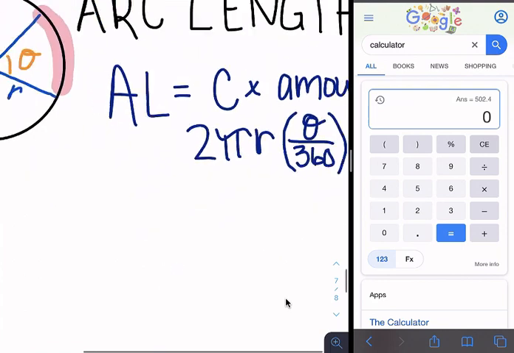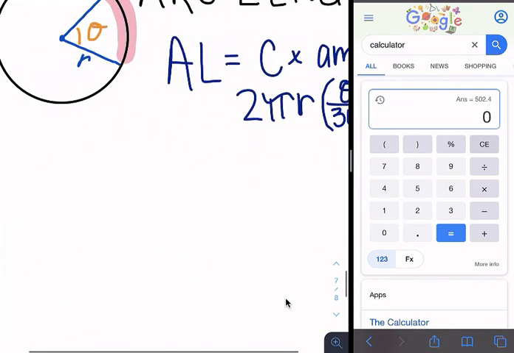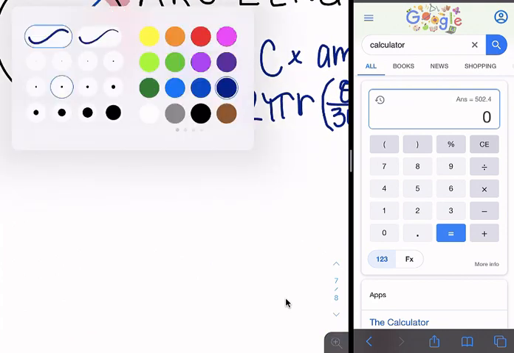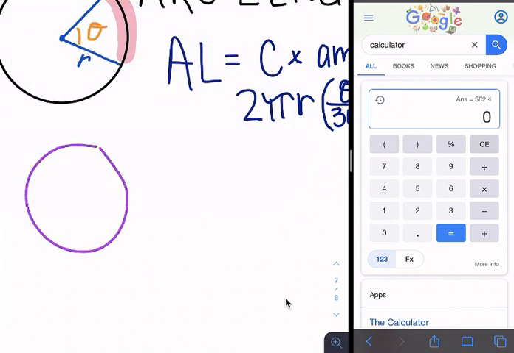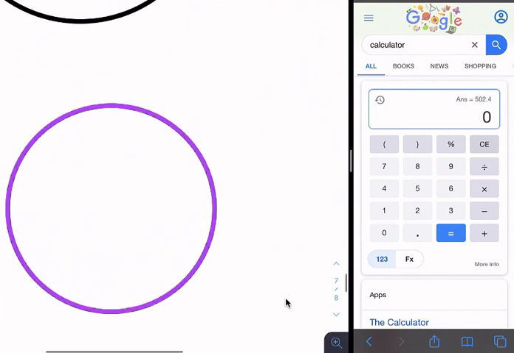So let's do an example here. My circle looks like that. Actually, let's make it super simple.